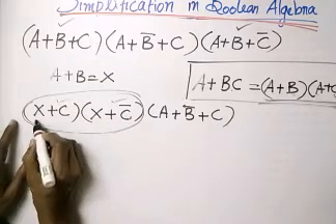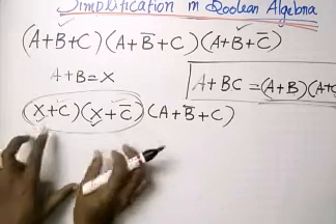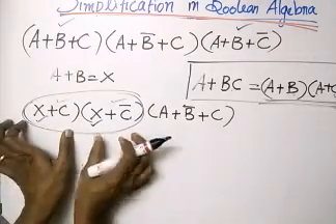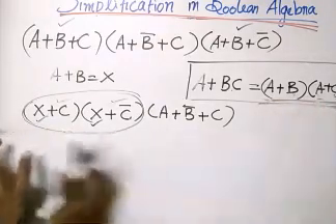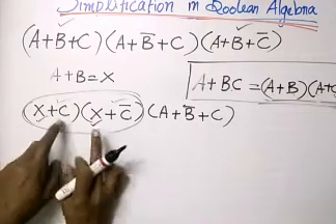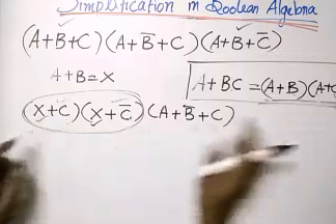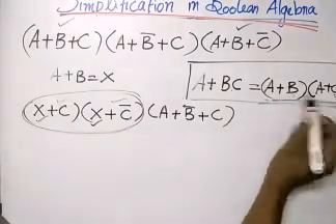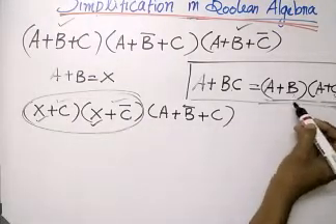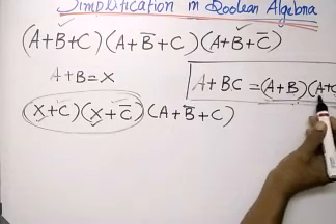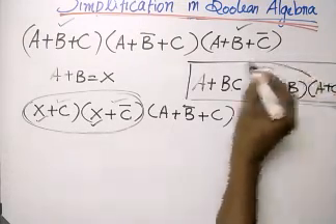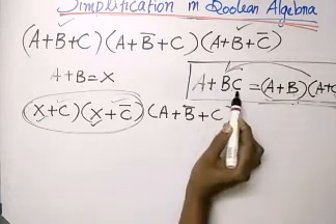The same variable is appearing in both sum terms, A and A here, X and X, and the second variable is different: here it is C, here it is C bar. Similarly the second variables are B and C. If it is A or B and A or C, we can write this as A or BC.